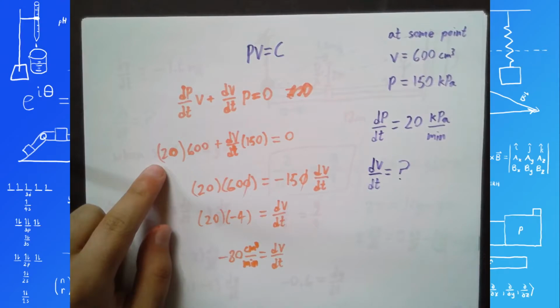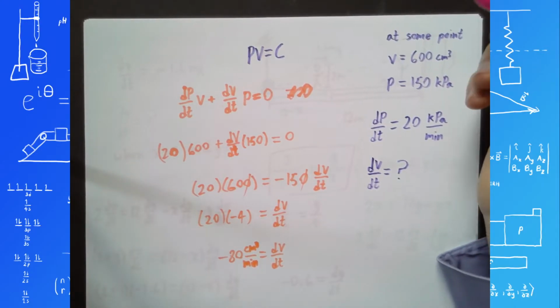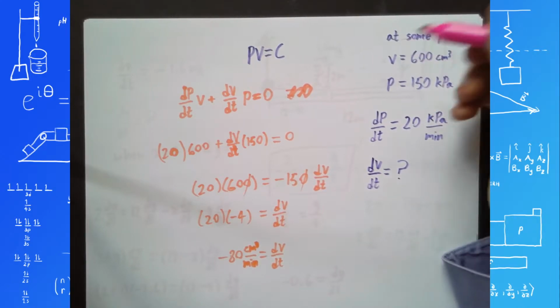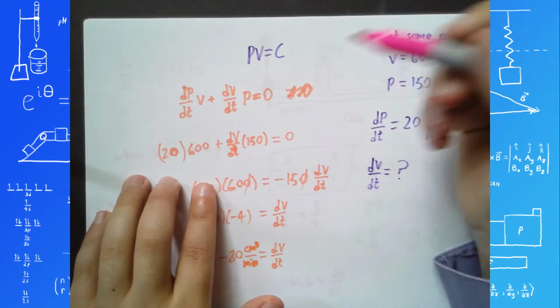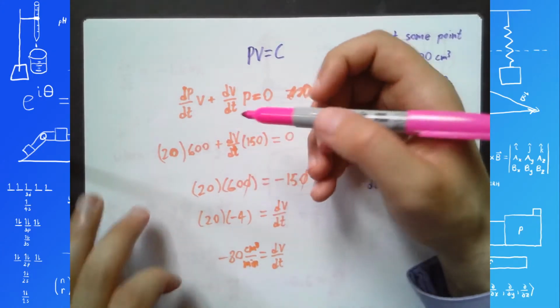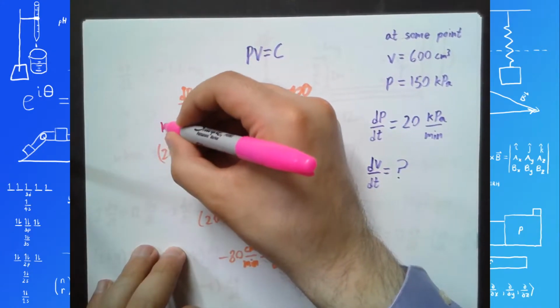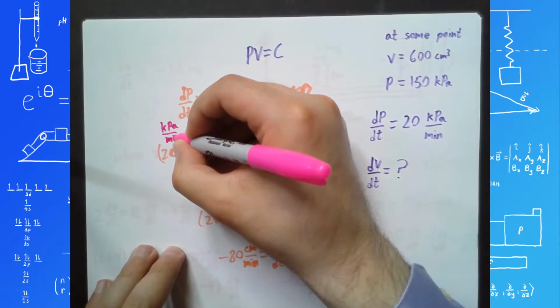I guess this might be extra at this point, especially for the calculus students. Usually you don't concern yourselves with units, but just in case, being able to follow along the units isn't too hard. You've got 20 was in kilopascals per minute, so we did kilopascals per minute.